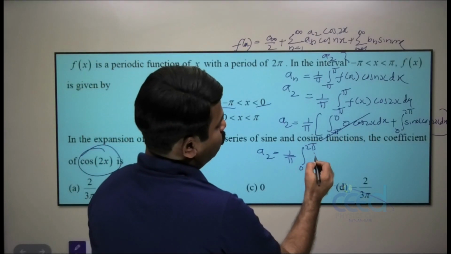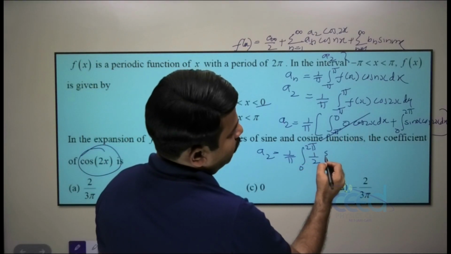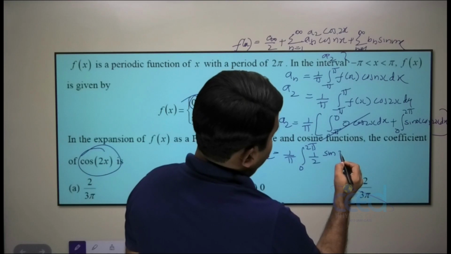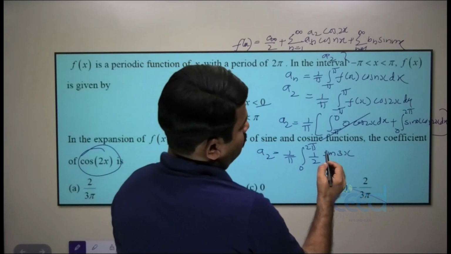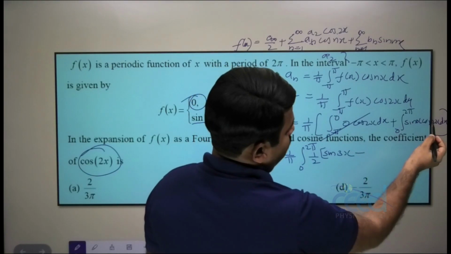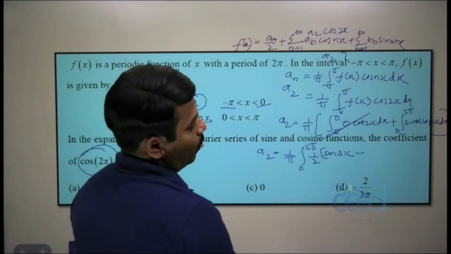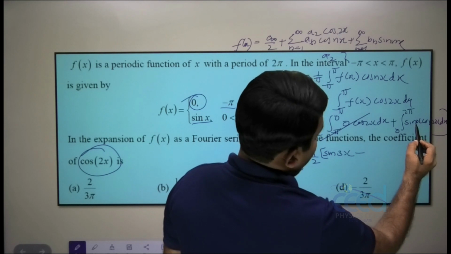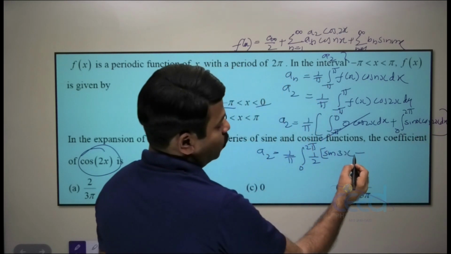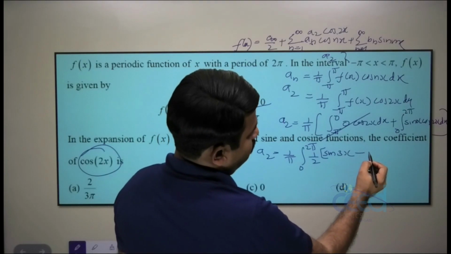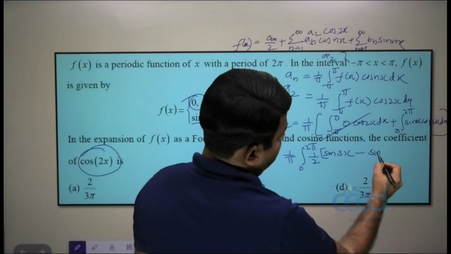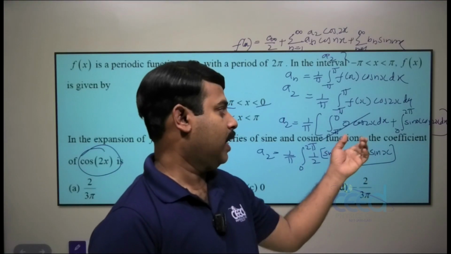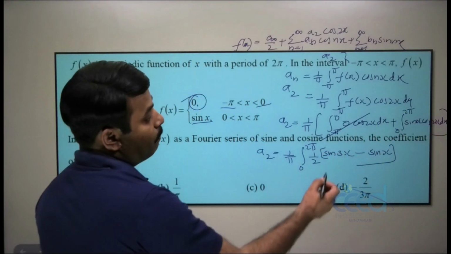Sin a cos b is 1 by 2 into sin of a plus b, that is sin 3x, plus sin of a minus b.